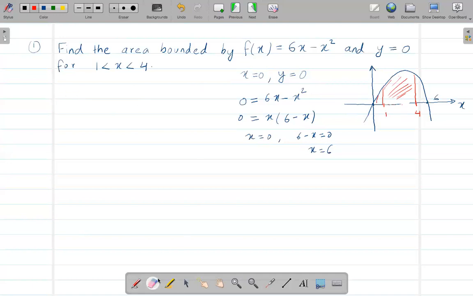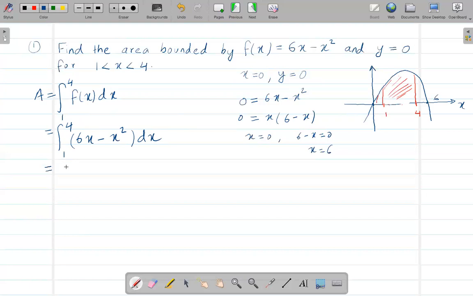Now to get that area, I can say the area A is equal to the integral from a to b, where a is 1 and b is 4, of this function f of x dx. So from 1 to 4, f of x is 6x minus x squared dx.